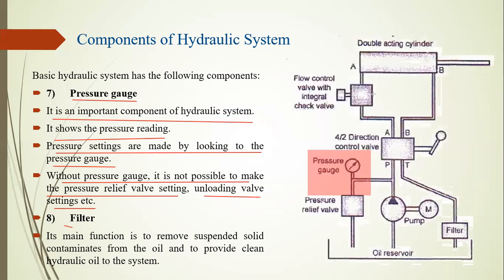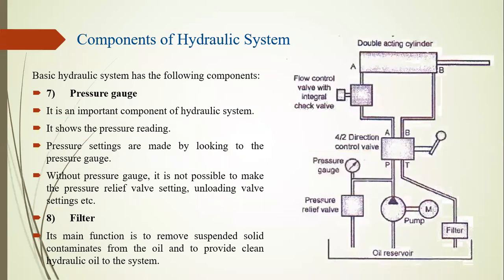And after that is the hydraulic filter. This portion is called the hydraulic filter. Its main function is to remove suspended solid contaminants from the oil and provide clean hydraulic oil to the system.